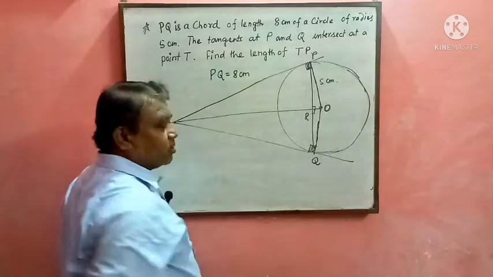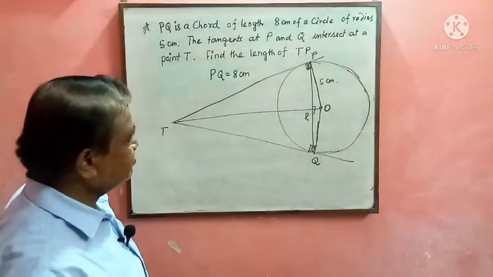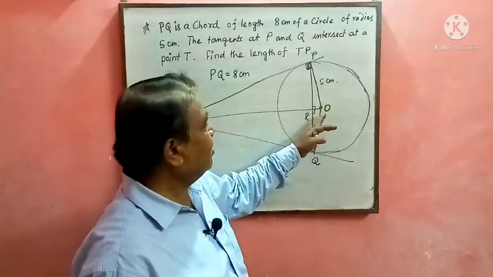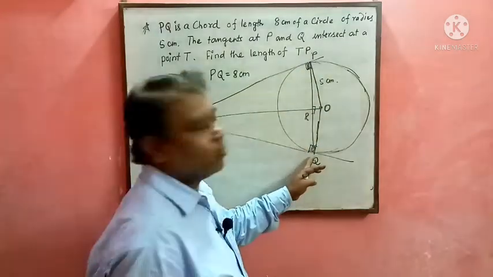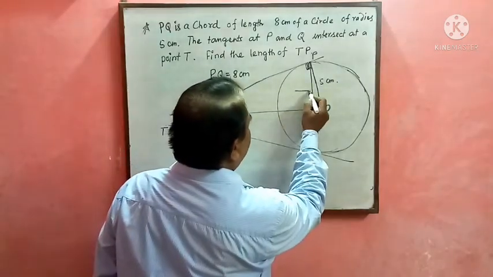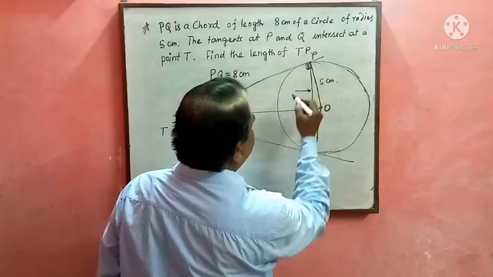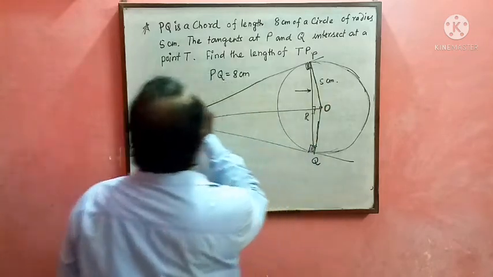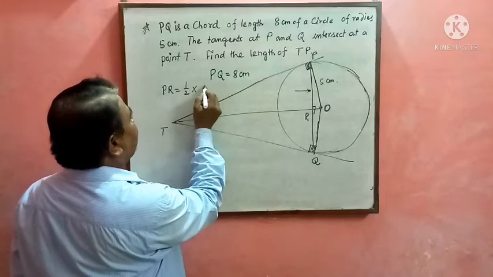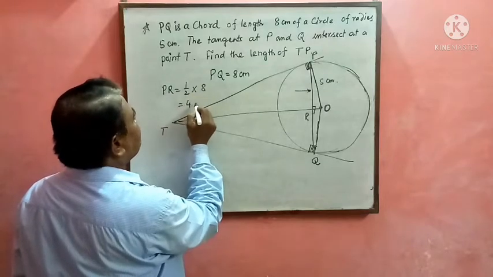First of all, you recall that lesson. I've already explained OP bisects PQ. So definitely, giving this explanation, you write PR is equal to half of PQ, 4 centimeter.